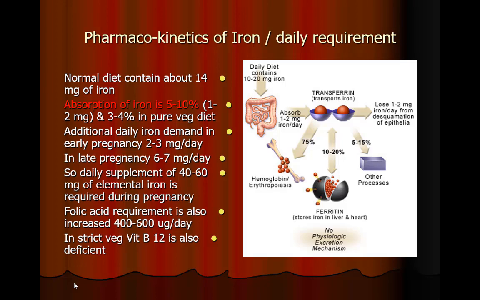In late pregnancy it's 6 to 7 milligrams per day, so a daily supplement of 40 to 60 milligrams of elemental iron is required during pregnancy. Folic acid requirement is also increased to 500 to 600 micrograms per day. In strict vegetarian people, vitamin B12 is also deficient.